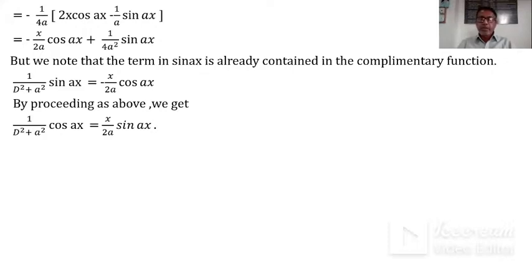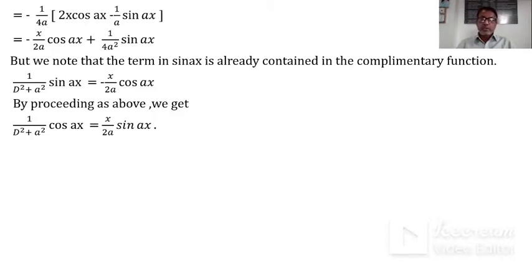Similarly, if f of minus a square is not equal to 0, then 1 upon f of d square operate on sin ax is equal to sin ax upon f of minus a square. This means in f of d, whenever there is d square, we substitute d square by minus a square, and if the denominator is not 0, then we directly substitute d square by minus a square.